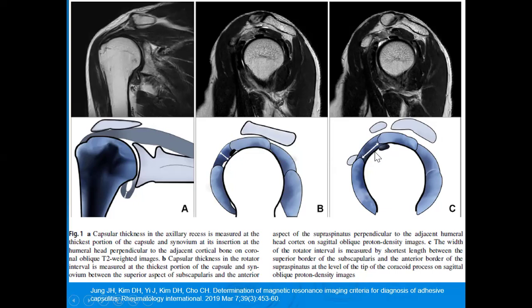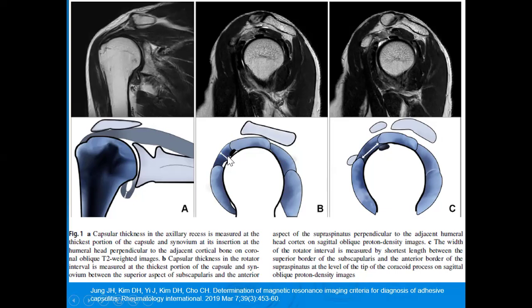This is the humeral head, the round structure here. Near the humeral head the distance is longer than at the midpoint, and the peripheral most area is also longer than the mid portion. That's why at this mid portion, the shortest distance between the superior border of the subscapularis and the inferior fibers of the supraspinatus will be considered the width of the rotator interval.